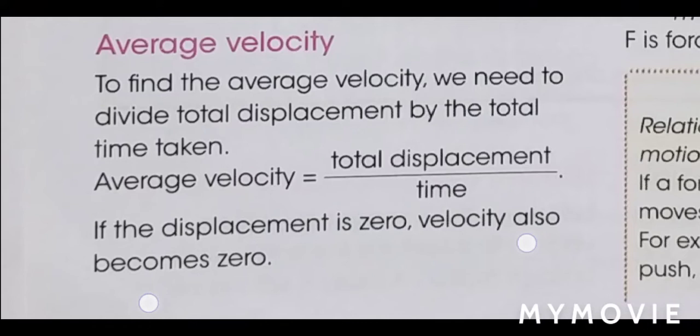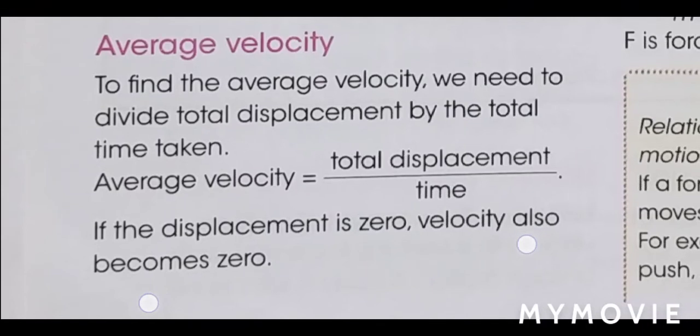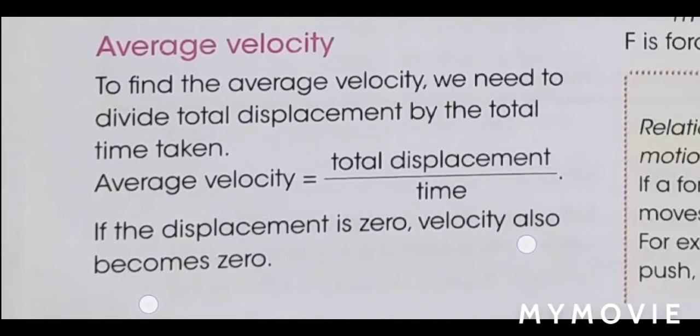We know displacement is the shortest distance from the initial point to the final point. Here the initial point and final point are the same, so the displacement is zero. If the displacement is zero, then velocity also becomes zero.